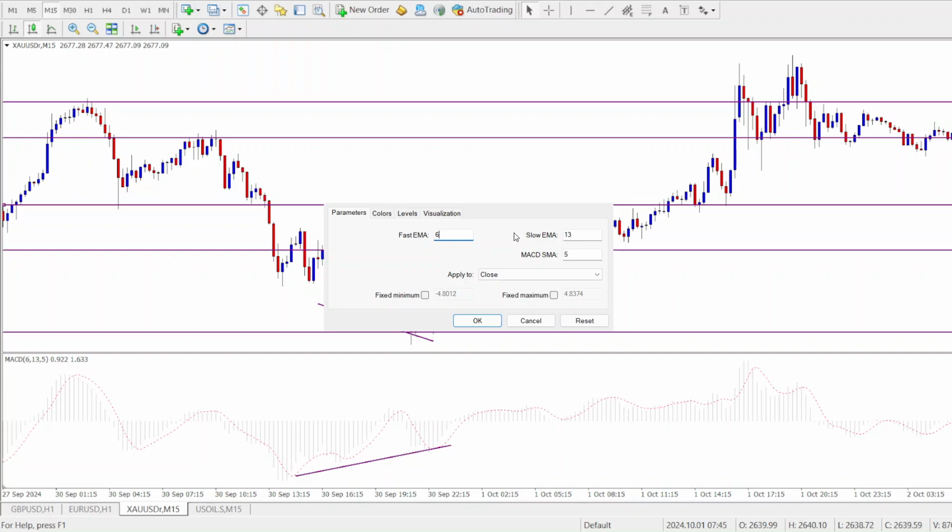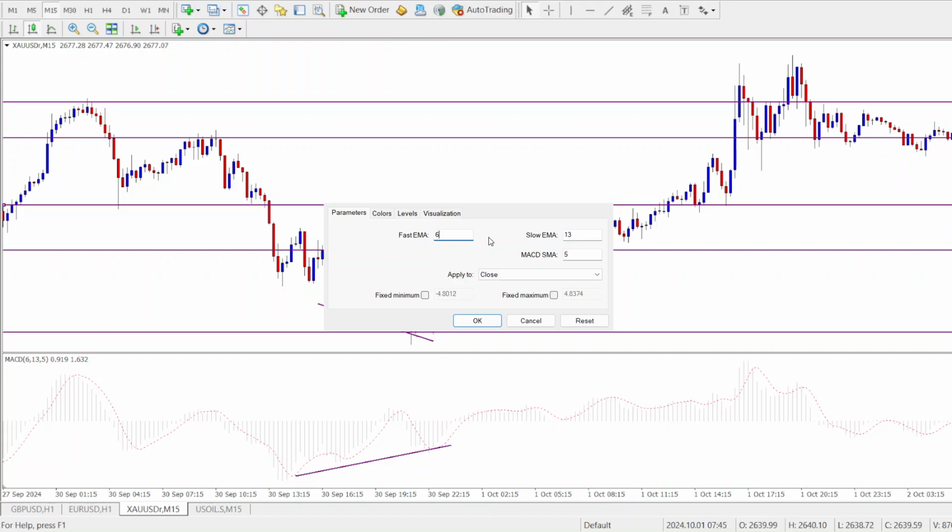The higher the values are, the slower they react to price changes. So if you are a scalper, you want to get as many trades as possible. You will want to reduce the values so that the MACD can react faster to price changes, and you can be able to use them to catch moves on smaller time frames.